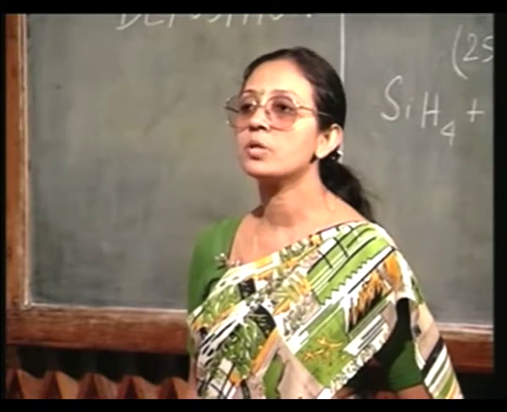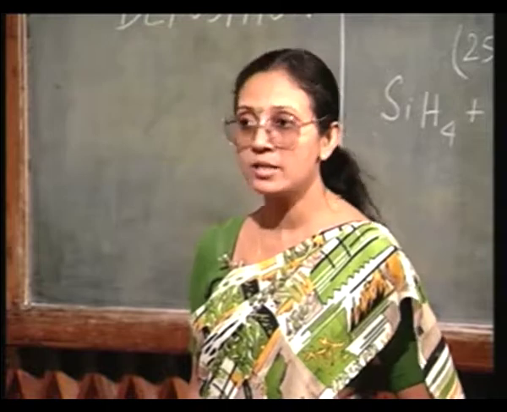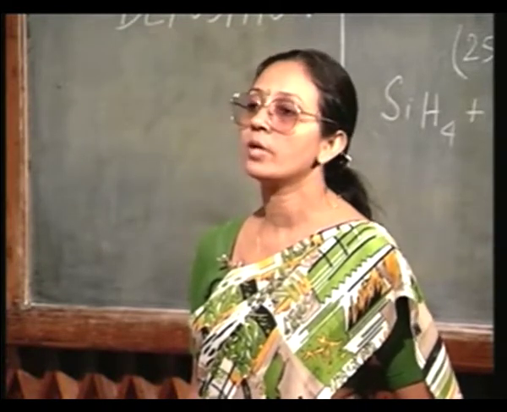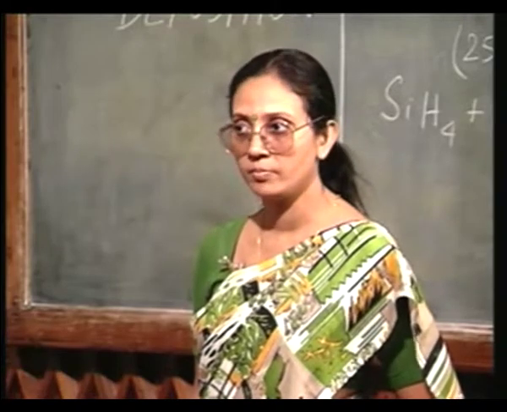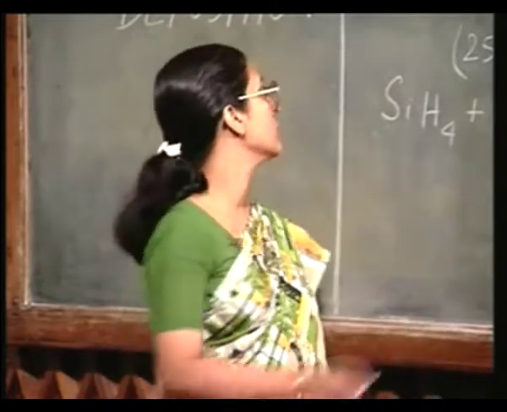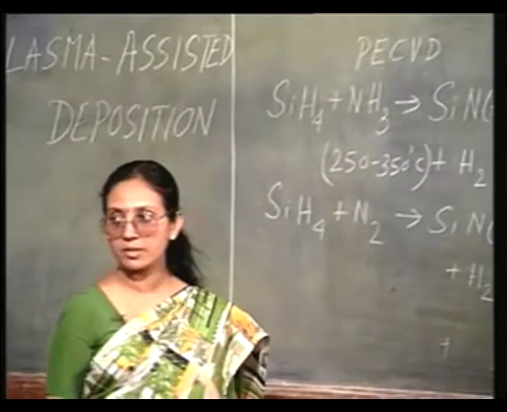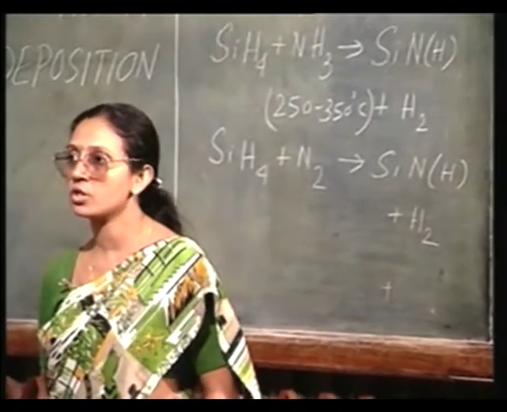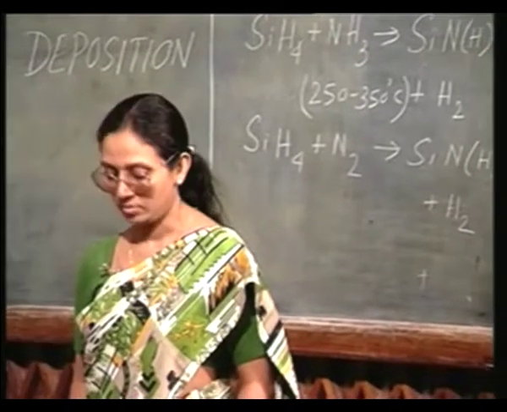Okay? But if you deposit really at the lower end of the temperature range, you are going to have a lot of hydrogen incorporated in the film. So, within this range 250 to 350 degrees centigrade, as you increase the temperature, hydrogen concentration is going to fall. Okay.